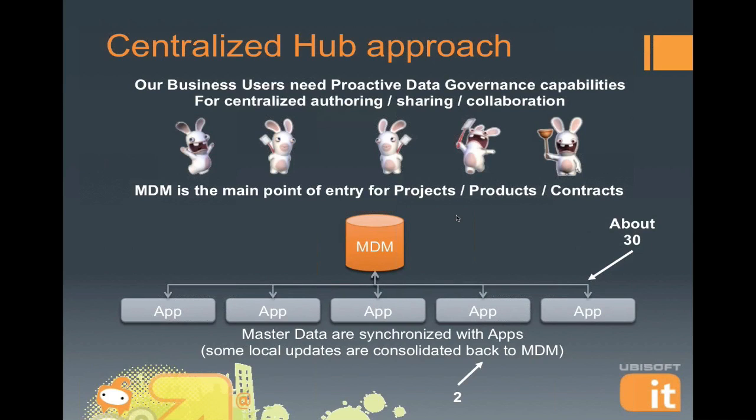And so MDM is the hub for us, with a couple of different exceptions. There are about 30 different application interfaces, and where they get project, product, or contract data is directly from the hub. And then we synchronize it with all 30 of those applications.